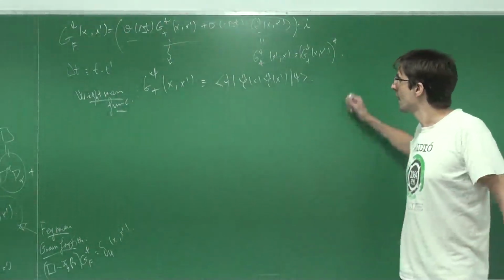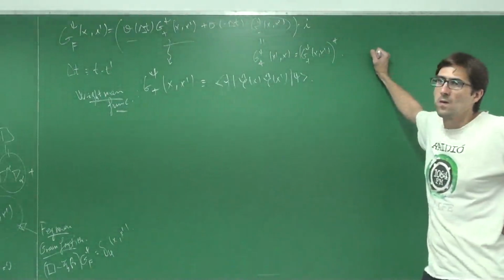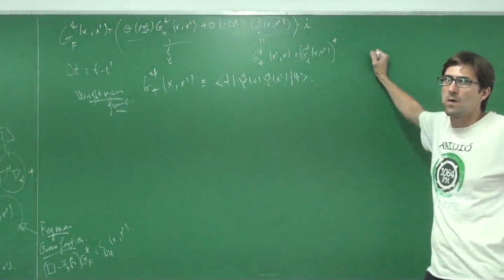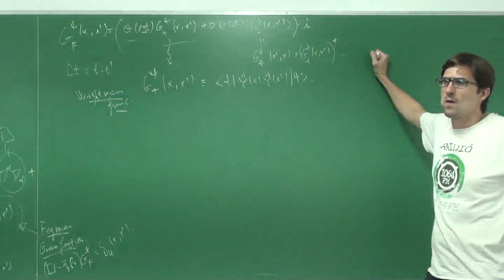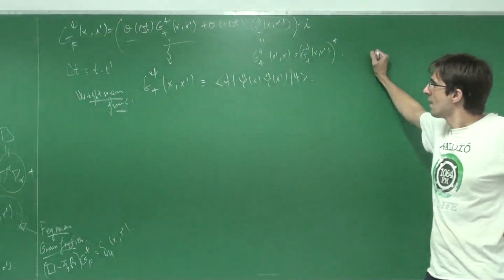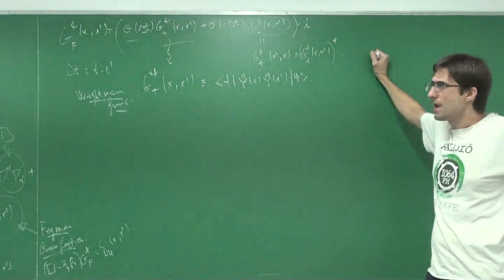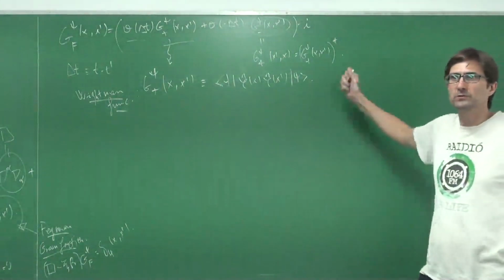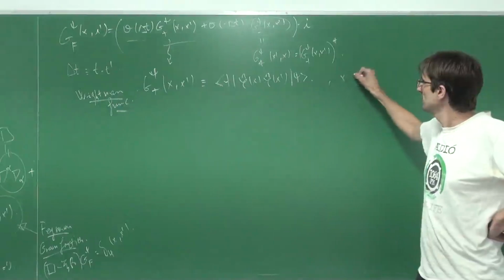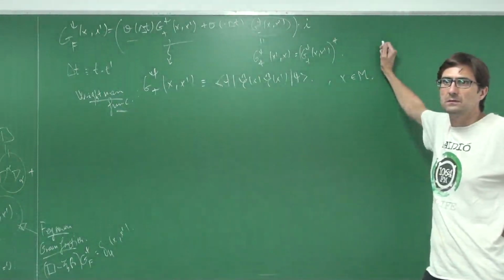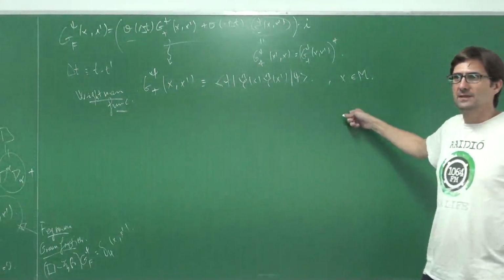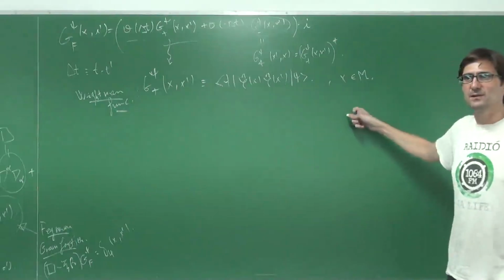Because when you say x here, do you mean the whole value of x, or just t, r, whatever? x is a space-time point. Okay, so x is a point in the manifold. I hope this has been clear all the way.